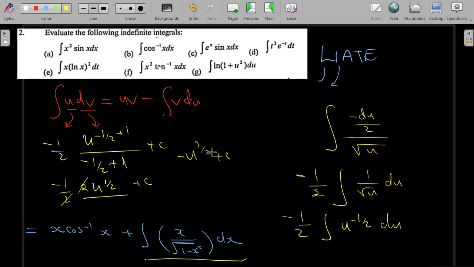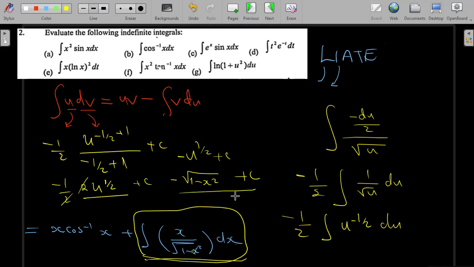Then after getting this, I know what my u is. So this implies this will be negative here. My u was just 1 minus x squared, plus c. So now where there's this part here, I'm just going to replace what I have found, which is this here. So I write it like that.